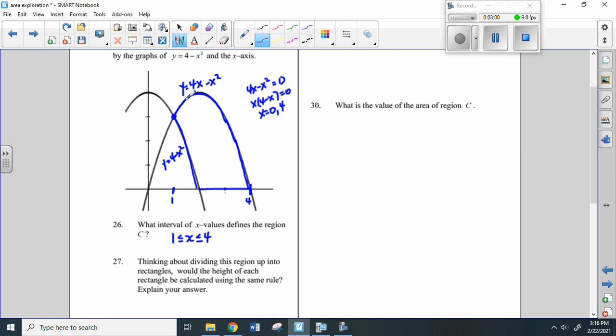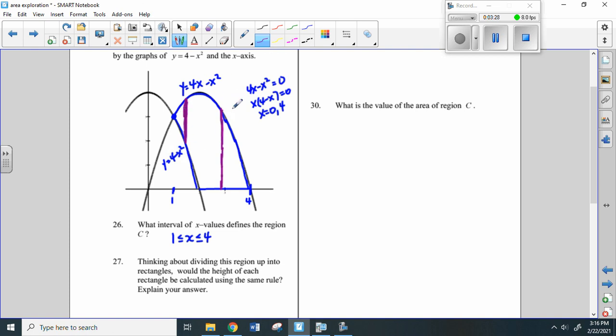If I drew my thin strip here, then I would be touching both curves, the 4x minus x squared and the 4 minus x squared. But if I drew it over here, then I would not be touching the 4 minus x squared at all.